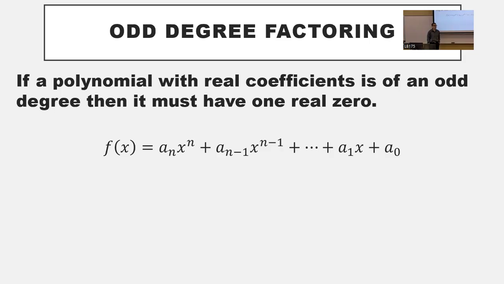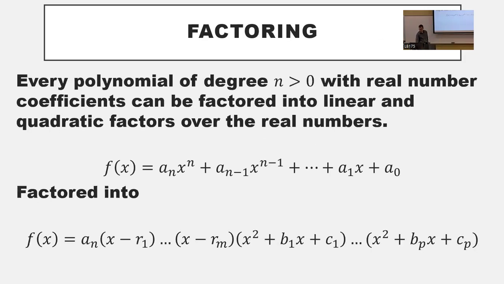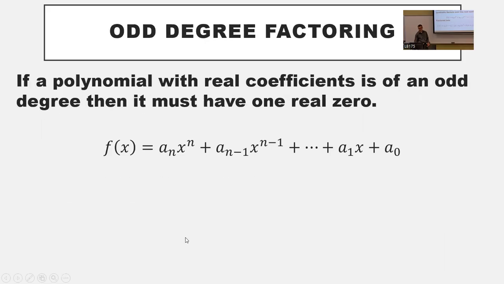You can see that in two ways. Using the previous theorem of factoring, all of these quadratics just multiplied together can only give me even power polynomials. So if I have an odd power polynomial, I need at least one linear piece.